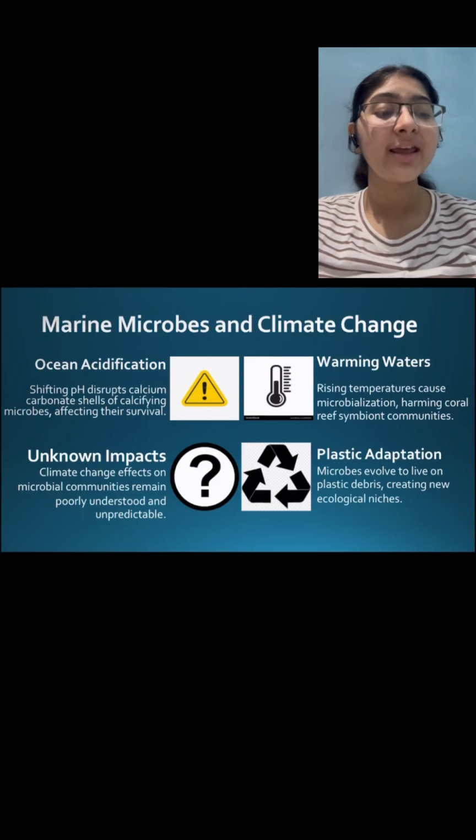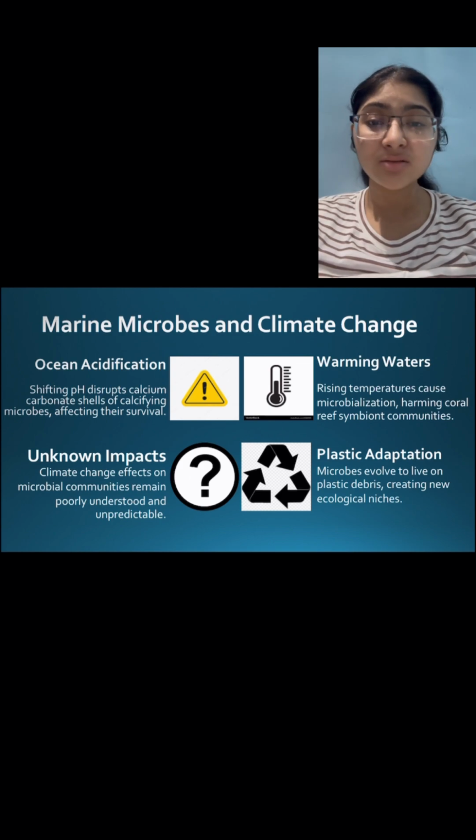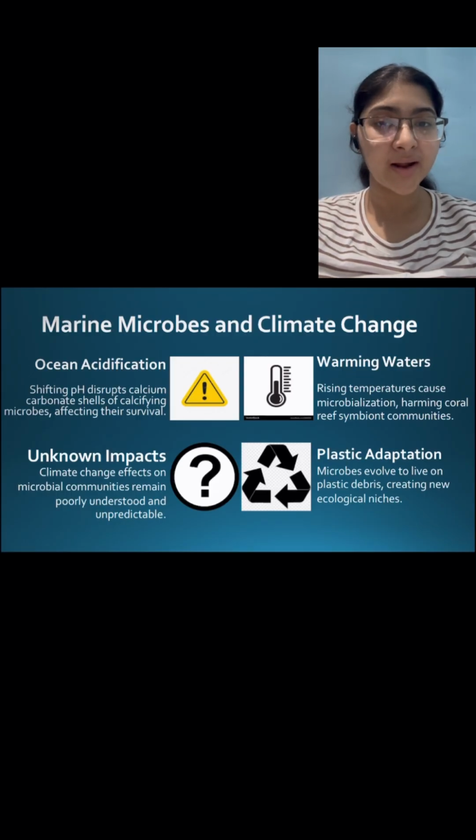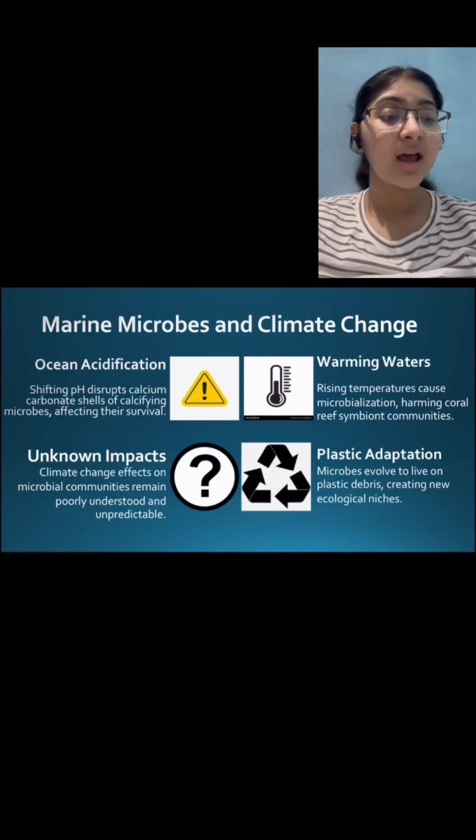Climate change effects on microbial communities remain poorly understood and unpredictable. We never know what's going to happen because of the recurring movement of the tectonic plates underneath. So there is no known impact of what will happen tomorrow. And the most important thing is plastic adaptation.